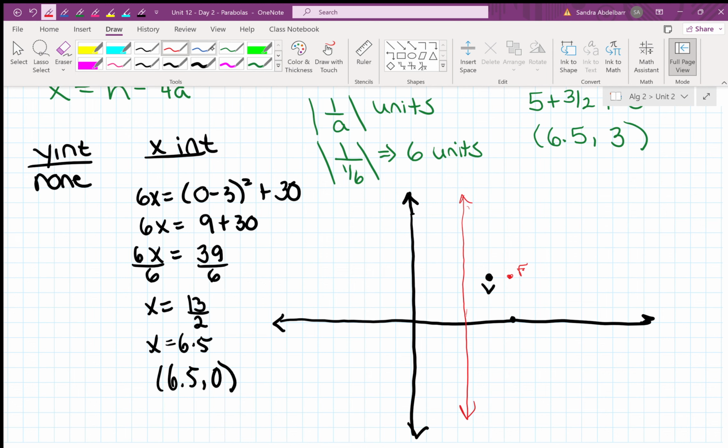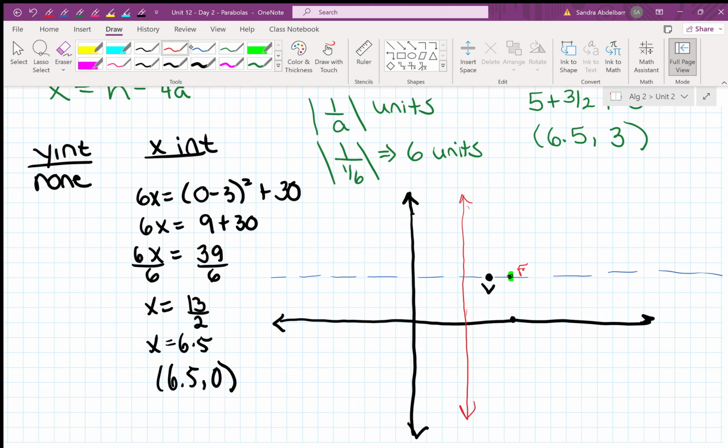Our axis of symmetry is a horizontal line right through the vertex. And the last thing I want is the length of our latus rectum, right? So I'm going to go to the focus. Everybody always wants to go to the vertex. No. You go to your focus. There's our focus point.